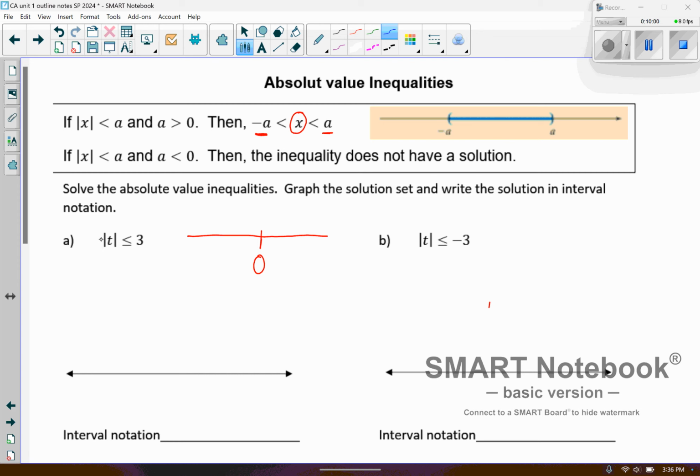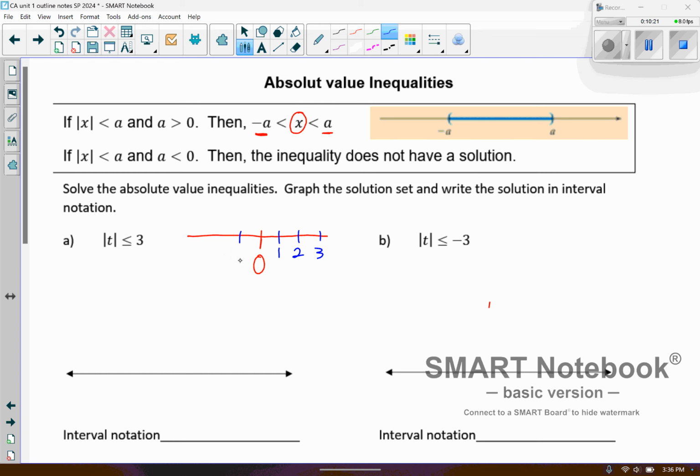This variable's distance cannot be more than 3 units away. It has to be less than or equal to 3 units. So I can go to 1, 2, 3. I can't go beyond 3 because I have to be less than or equal to 3. My distance has to be less than or equal to 3 from 0.